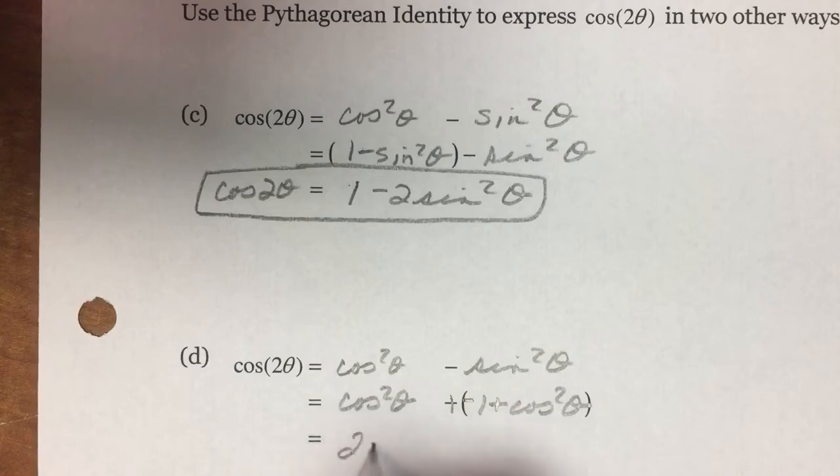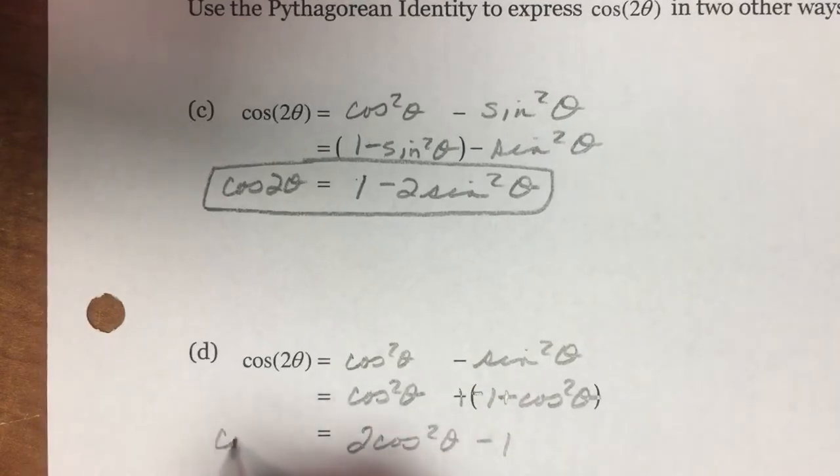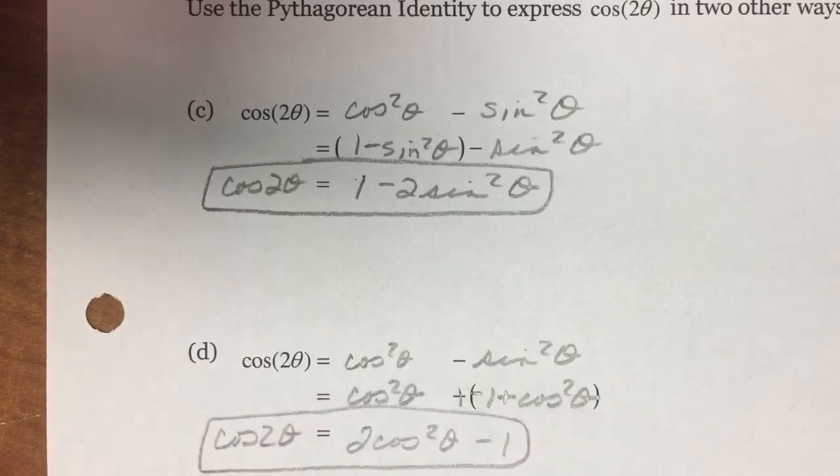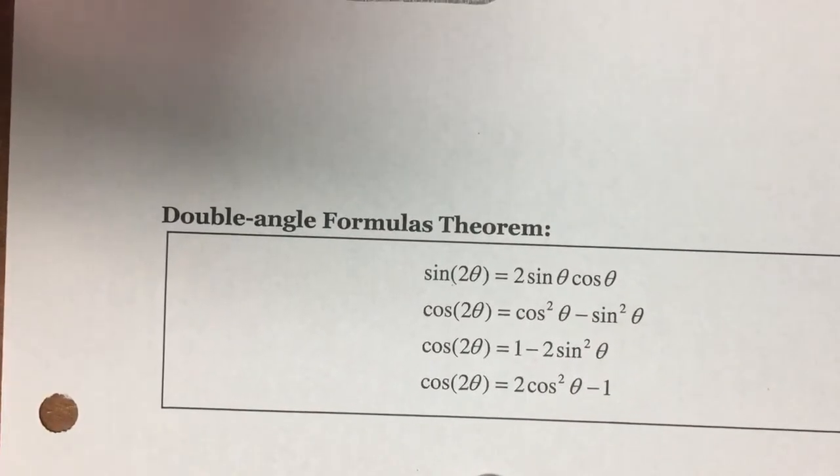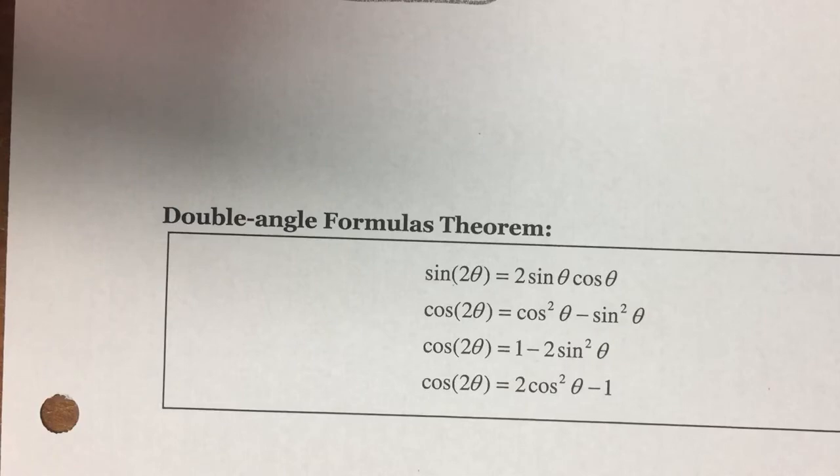So what you end up with is 2 cosine squared theta minus 1, and that is your final double angle identity for cosine. And you can see down at the bottom, there they all are in a single box for you. But I've just showed you how to get them, and it only took 4 minutes, so that's not too bad.